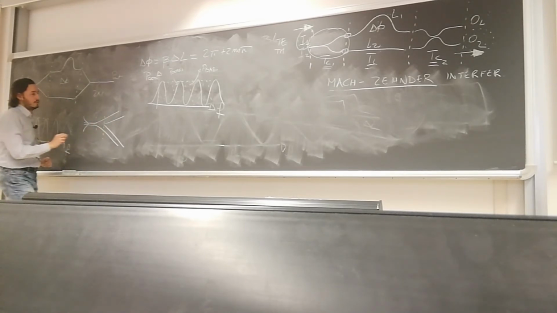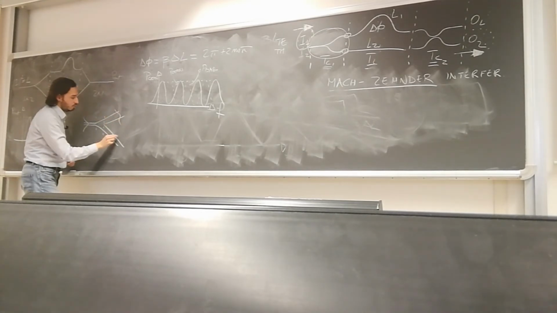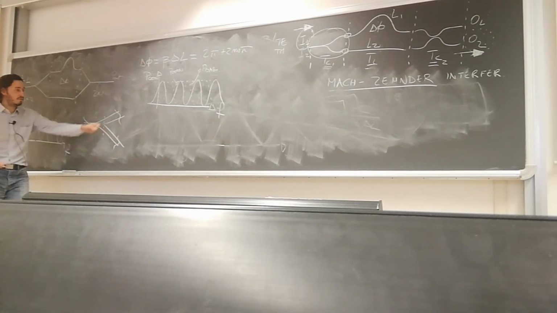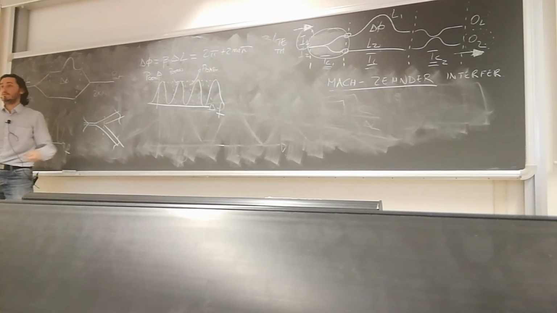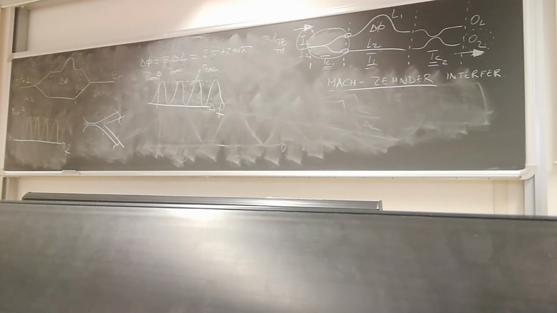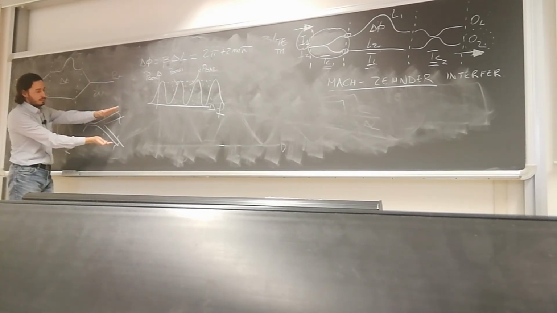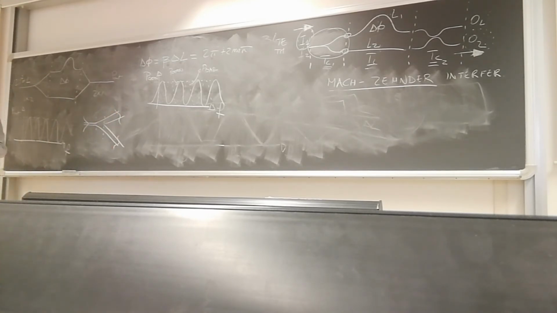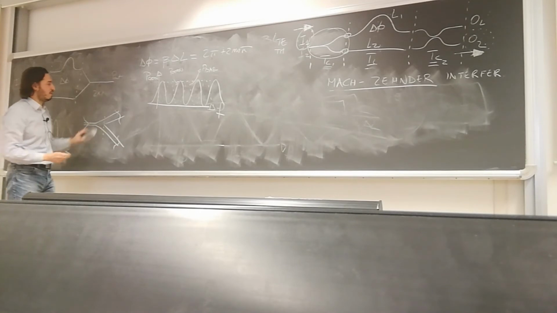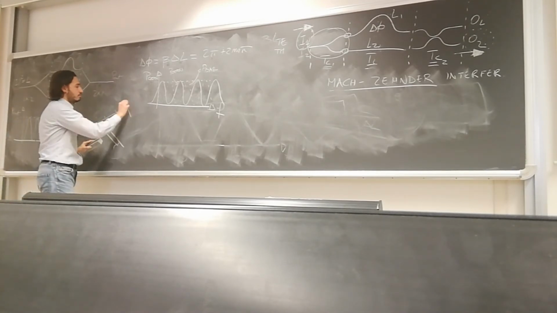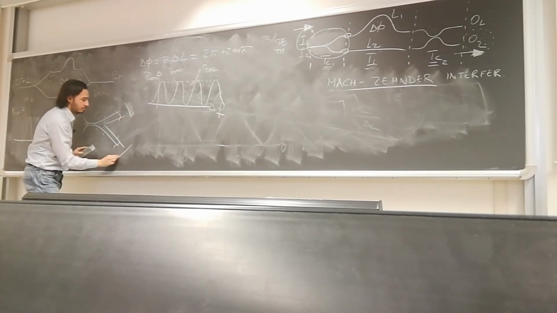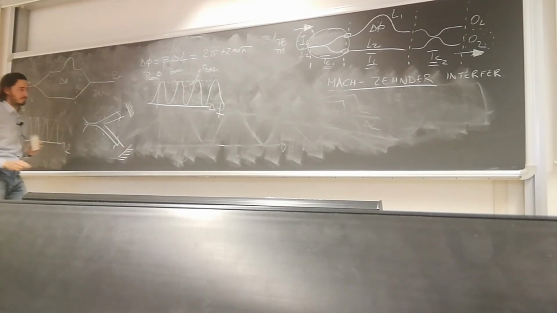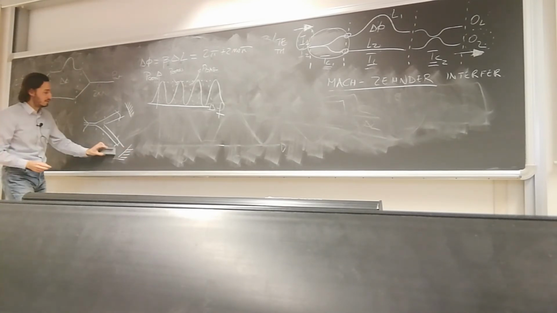So, as I told you before, the phase relation between these two is, the phase shift is 0. Okay, so the light splits in two parts with equal amplitude and equal phase. So this means that if I put here reflectors, what happens?